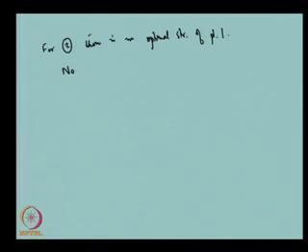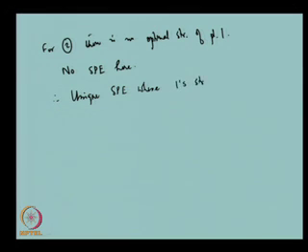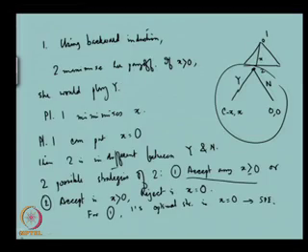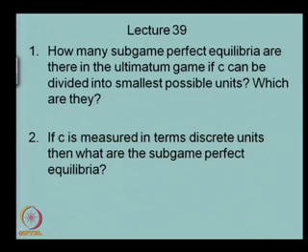So, no subgame perfect equilibrium here. So, there is a unique subgame perfect equilibrium where player 1's strategy is x equal to 0, player 2's strategy is accept if x is positive or 0.